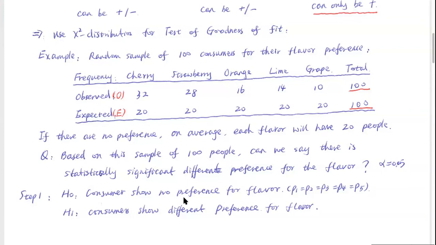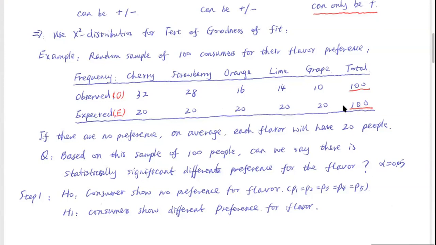So we say consumers show no preference for the flavor. In other words, if we use proportions, we have 5 different proportions. They should all be equal to each other. That's our H0.